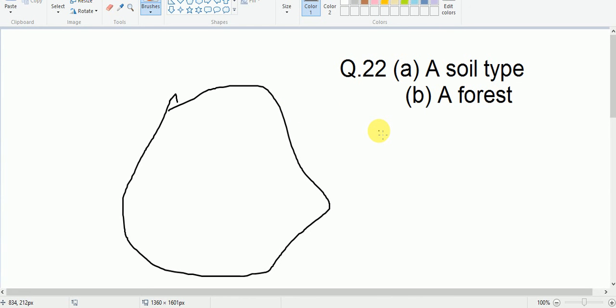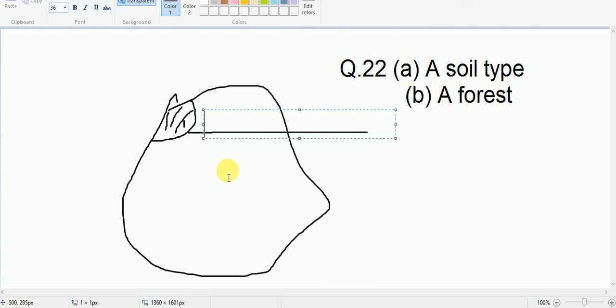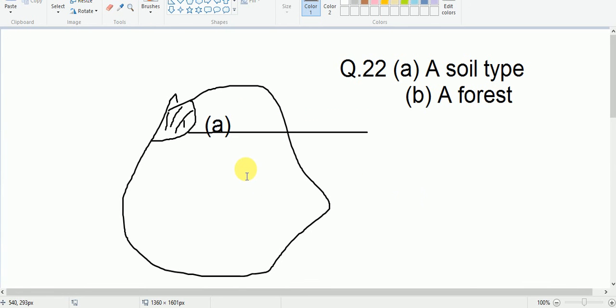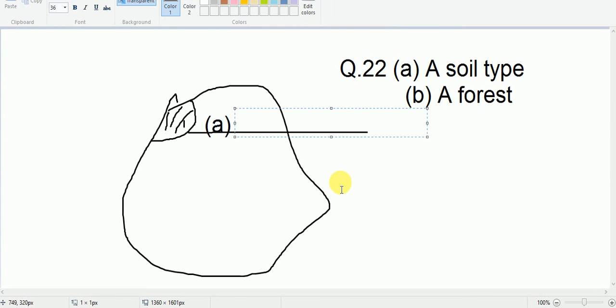On this given outline map of India, identify features marked as A and B. So for example, here we have a shaded portion and a line is drawn here, and they are writing A here. If the question is like this, then you have to write the answer directly here along this line.